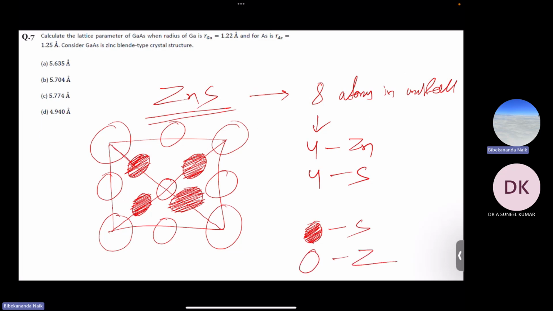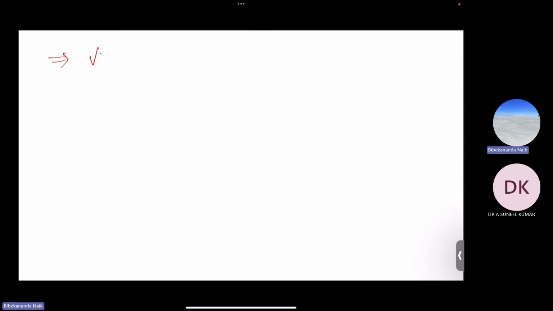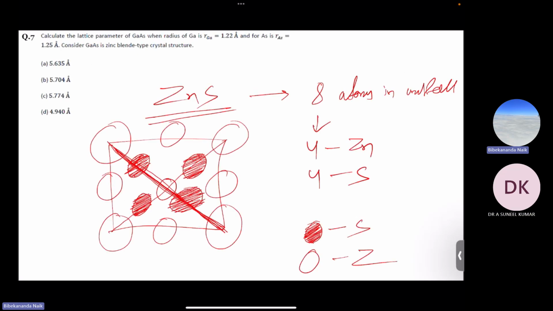If you take this particular one, this is the body diagonal, and the body diagonal is root 3a. There are two atoms of sulfur and one atom of zinc here, half and half. So this is R, this is 2R, this is R of zinc, this is 2R of sulfur, this is 2R of zinc, this is 2R of sulfur, and this is R of zinc.